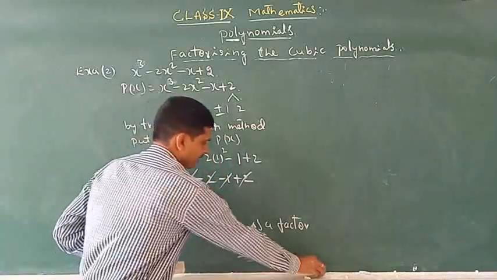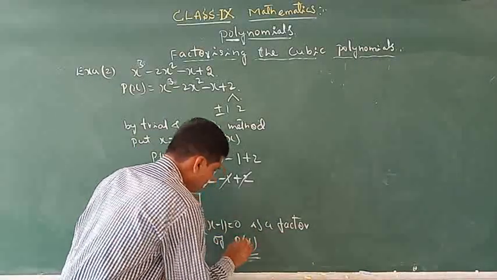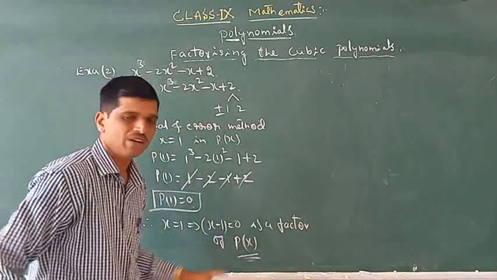Otherwise, you can completely write down the polynomial also. Instead of polynomial you can write only the symbolic notation p of x.